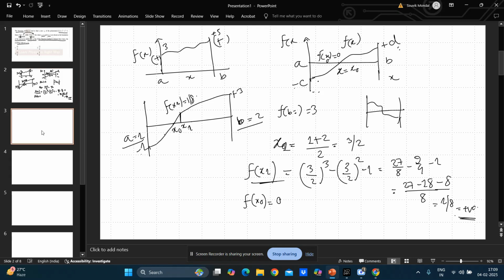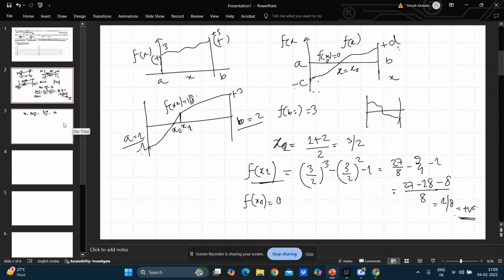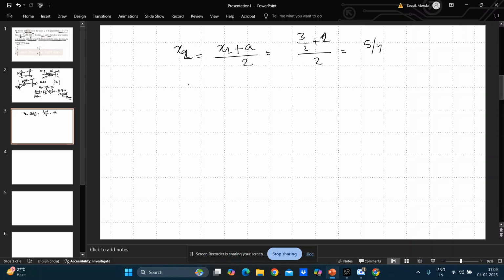Now do a further average: x2 is equal to (x1 plus a) divided by 2, so it is (3/2 plus 1)/2, which is 5/4. So we get the value 5/4, and now we have to calculate f(x2), that is f(5/4).